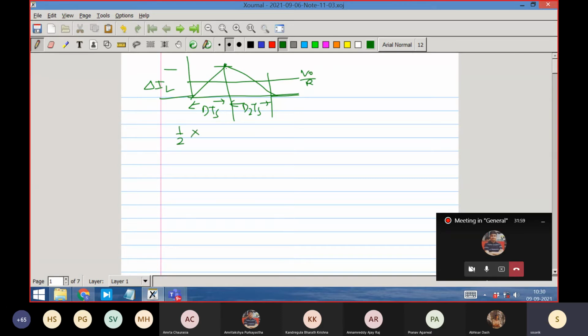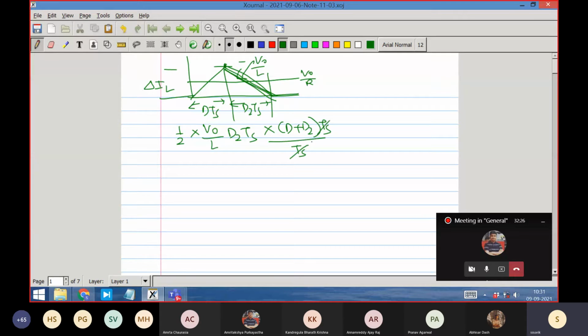Delta IL is how much? I will take this side ripple. What is the slope here? Minus V naught by L is the slope. So magnitude wise I am just taking V naught by L into the time duration D2Ts, right? This is the delta IL, into the total time D plus D2 Ts divided by Ts.